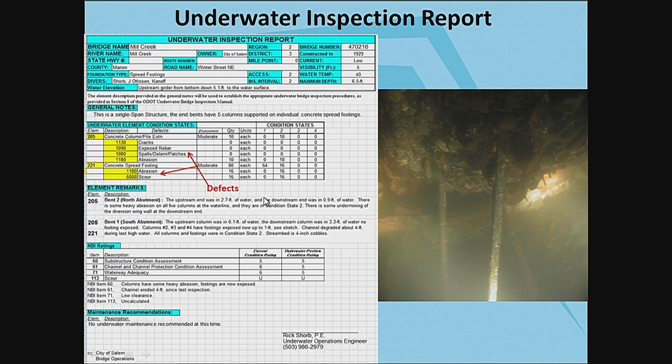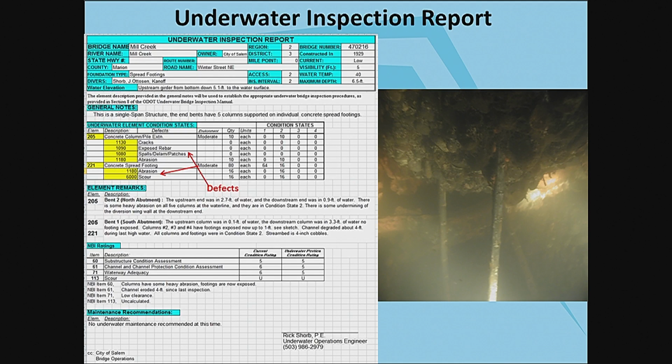Here's an example of an underwater inspection report, and there's a lot of information on here, but they will list, as the above water inspector does, a primary element and any defects associated with that. And again, it's up to the above water inspector to take this information, and if they've rated something above the water line and they find, say, a condition state 3 spall or exposed rebar, and the diver found nothing on that pile underwater, then basically it's on an each basis, so that column would be affected by that condition state 3 exposed rebar that the above water inspector found.